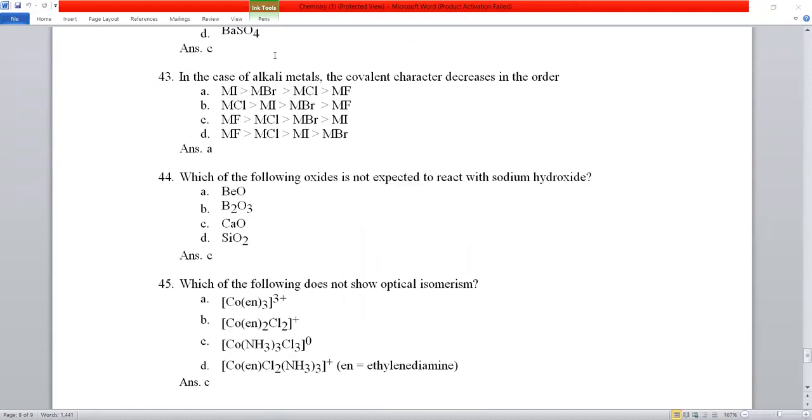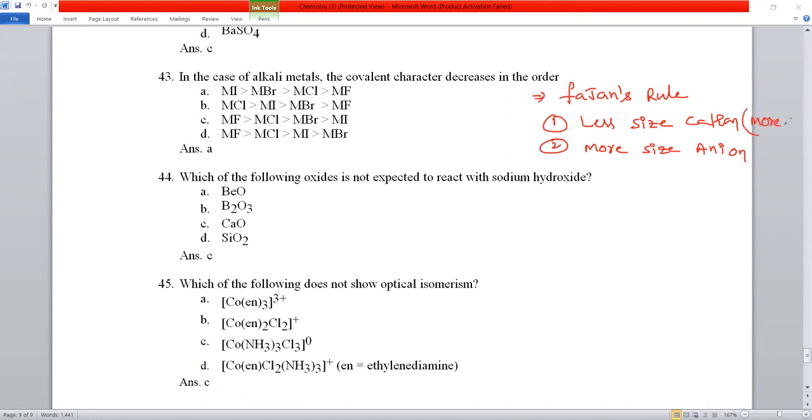Next, question number 43. In the case of alkali metals, the covalent character decreasing order. We have to apply Fajan's rules here. For covalent compounds we need a small size cation and a large size anion, more positive charge on the cation, and more negative charge on the anion.